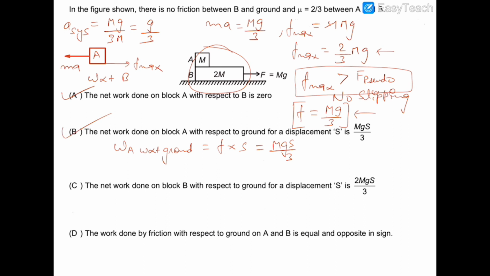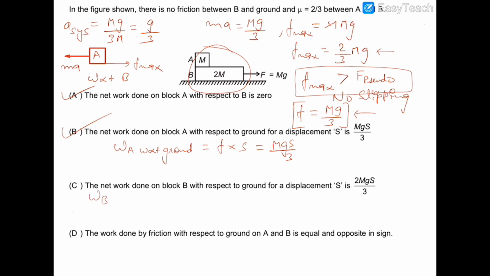Now for option C, the net work done on block B with respect to ground for a displacement of S is this. We need to calculate the net work done, which will be the sum of the work done by F and by friction.